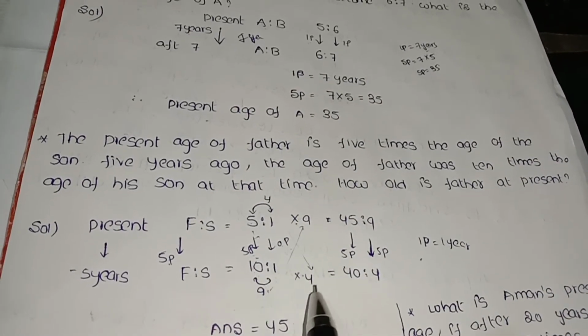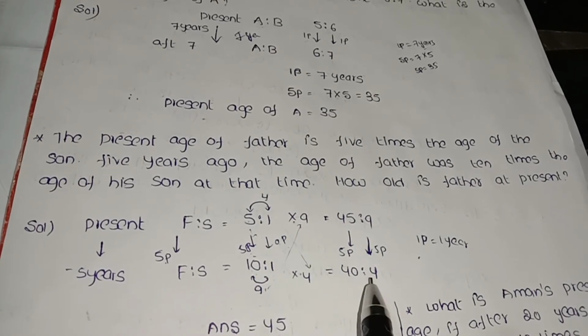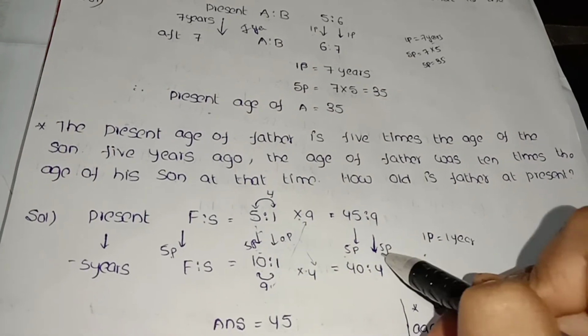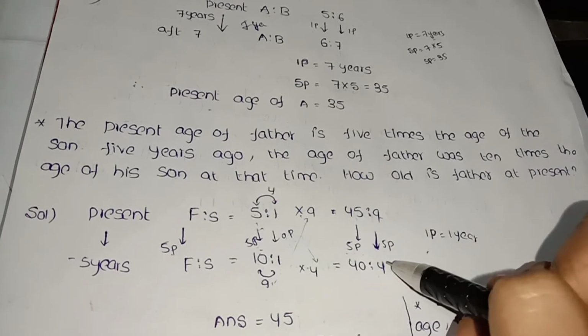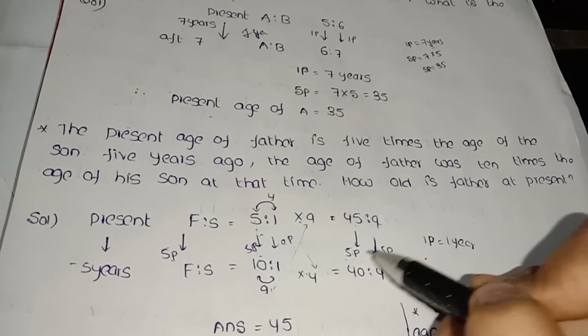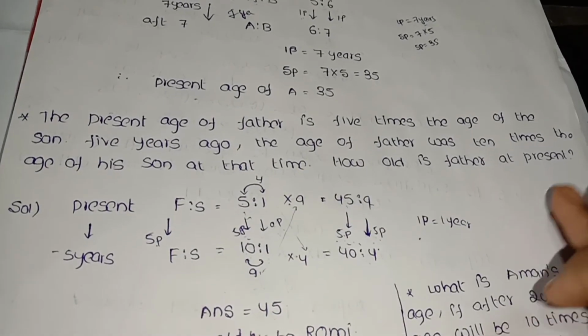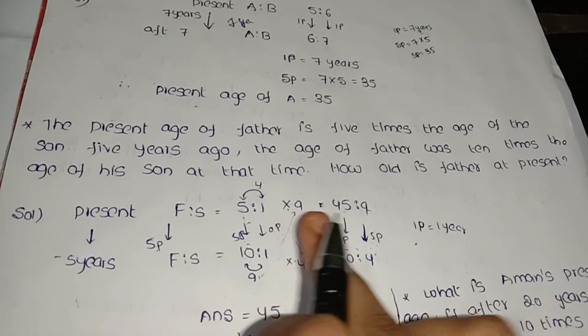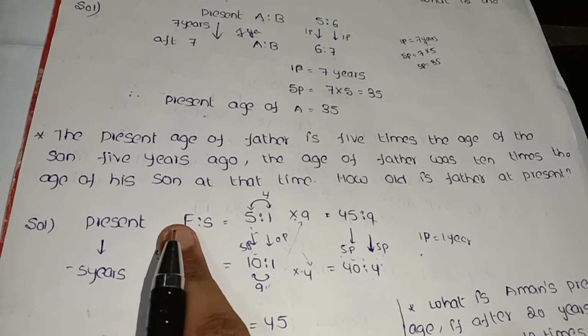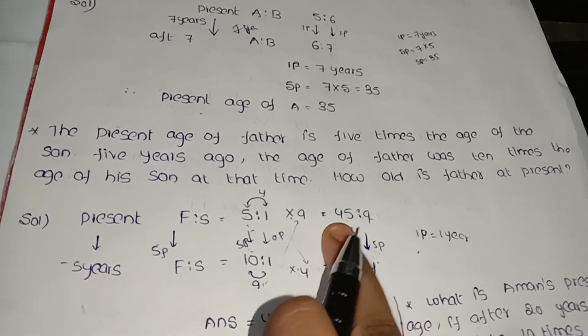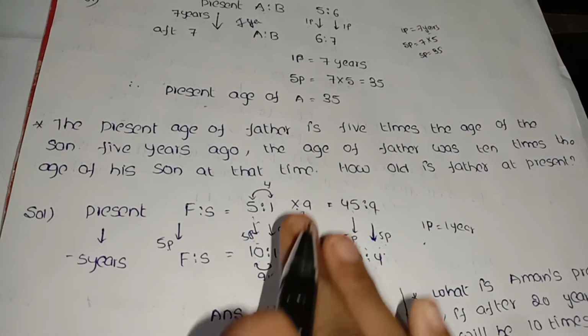Here I am getting 10 4s are 40, 1 4 is 4. So I am getting equal difference, right? Here 36 and here also 36. So I am getting equal. Now, what is the present age of father? Here I am getting 45. So 45 is my answer.